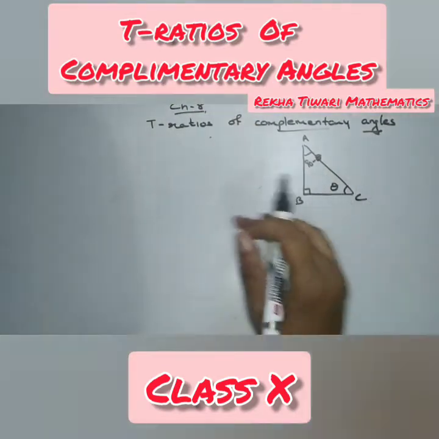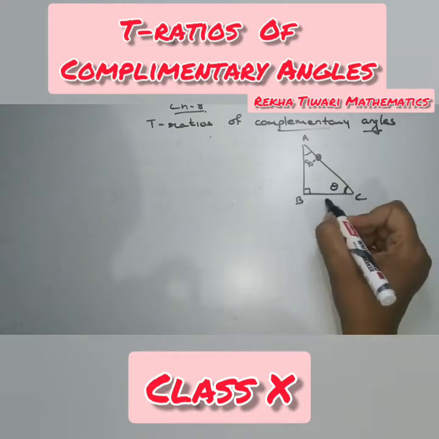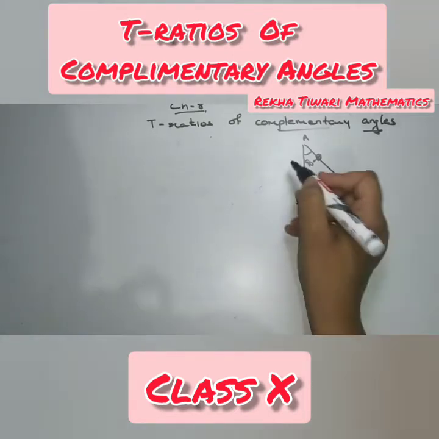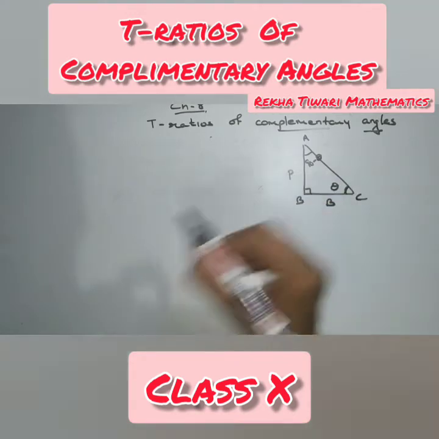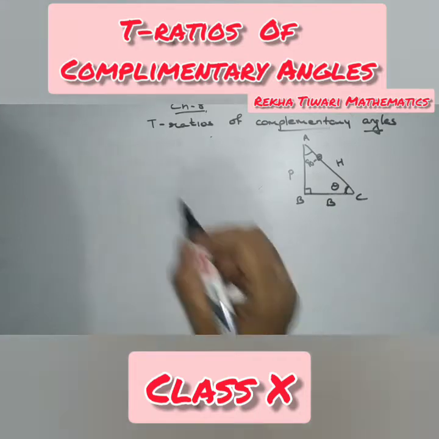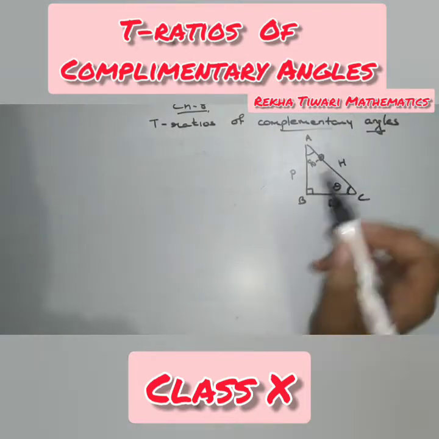Look here. With angle C, which one will be the base? BC is the base, adjacent to theta. Opposite of theta is perpendicular, AB, and this one is the hypotenuse, the longest side.